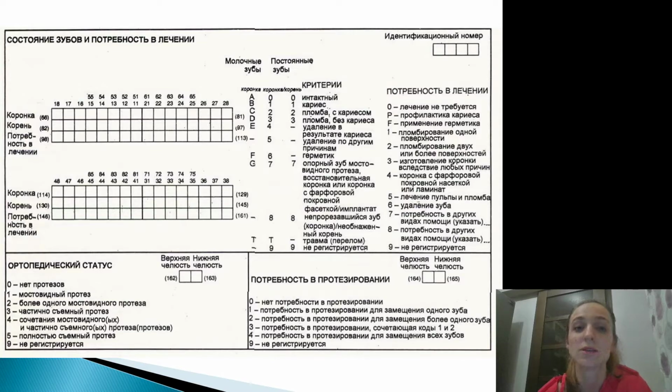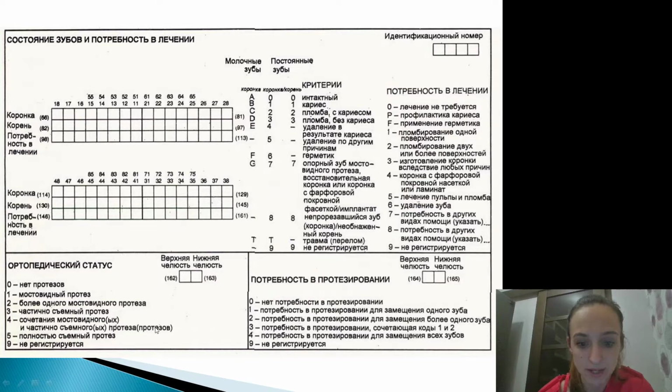If you see, for example, an orthopedic crown, you should write orthopedic crown. If you see that extraction of the teeth was done in the past, you should write letter E, extraction of the teeth.